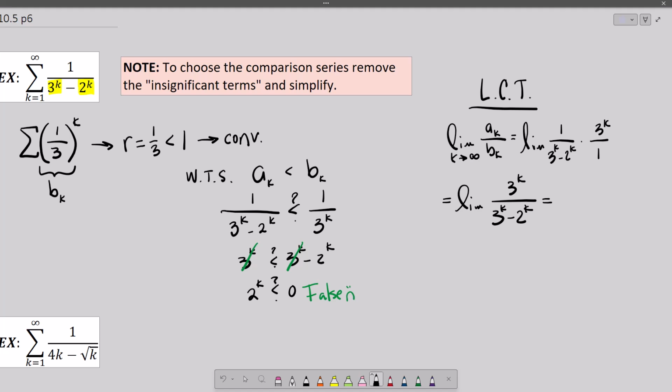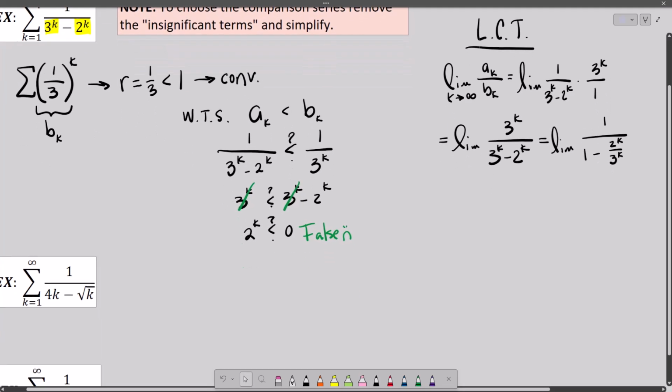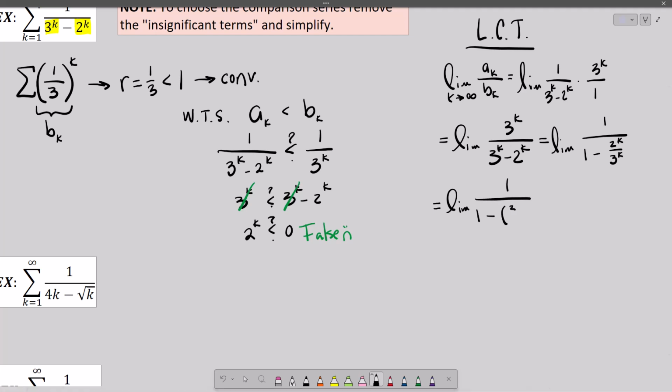So if we divide everything by 3 to the k, we'll have that. 3 to the k dominates, it goes to infinity fastest, so divide everything by it. Notice that we can rewrite this piece down here to be 2/3 to the k. And we're taking a limit as k goes to infinity.